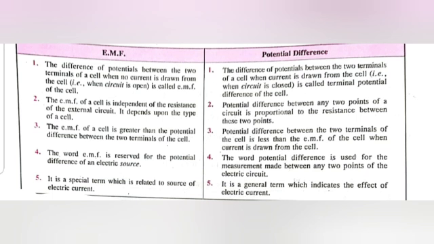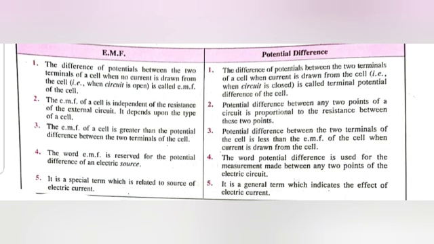Like for example, if you have bought a 9 volt battery from the market, then this 9 volt would be known as EMF. However, this is when current is not drawn from the cell. Until the current is drawn from the cell, the voltage of the cell is known as the EMF of the cell. However, when current is drawn from the cell, then it becomes a new physical quantity which is known as terminal potential difference.